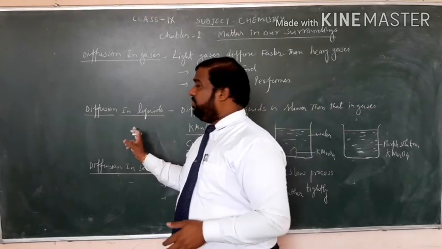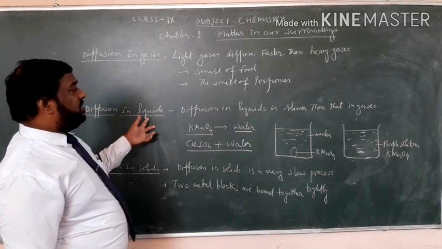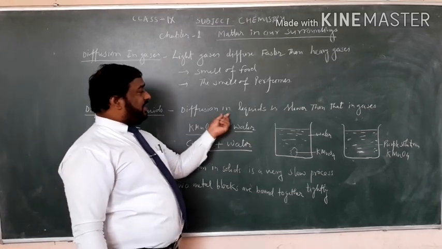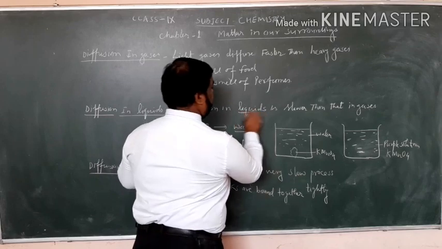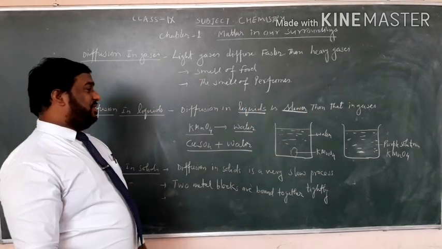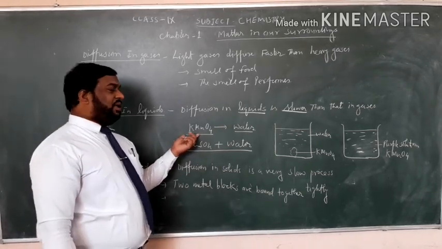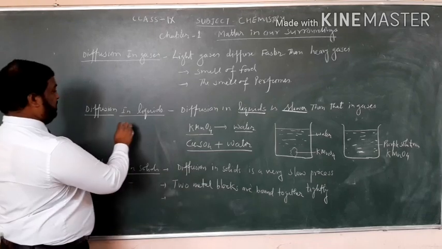Now the second one we have taken here, diffusion in liquids. Diffusion in liquids is slower than that in gases. For example, we have taken potassium permanganate.